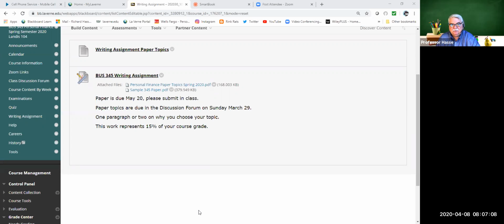You have an abstract, which explains the paper, and most importantly, a title page explaining what class this is, the name of the paper, who's your professor, the class, and the date that you're posting this paper. If any of these things are missing in your document, you will be docked points. So make sure you follow this sample paper.